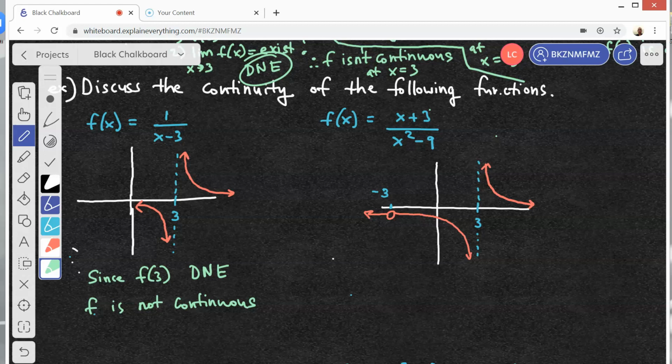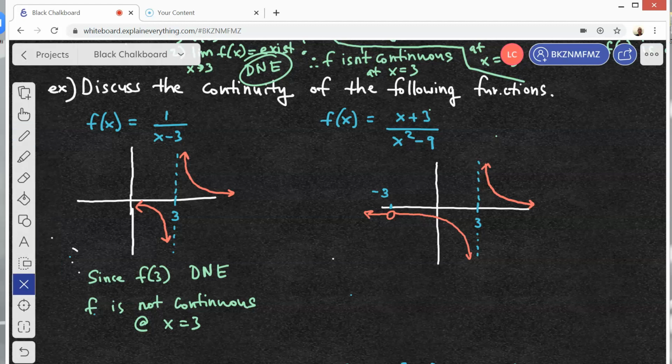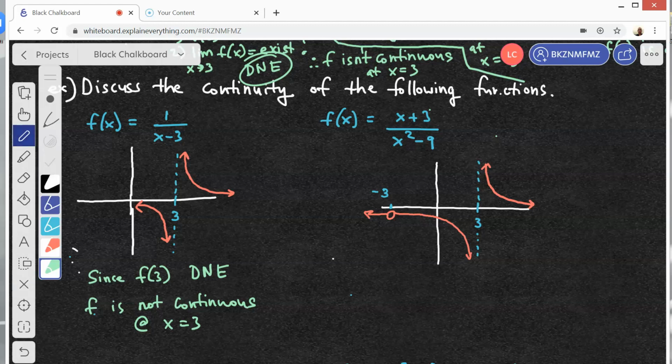F is not continuous at x equals 3. Now in this next example, I want to give it a different name, a different function name.